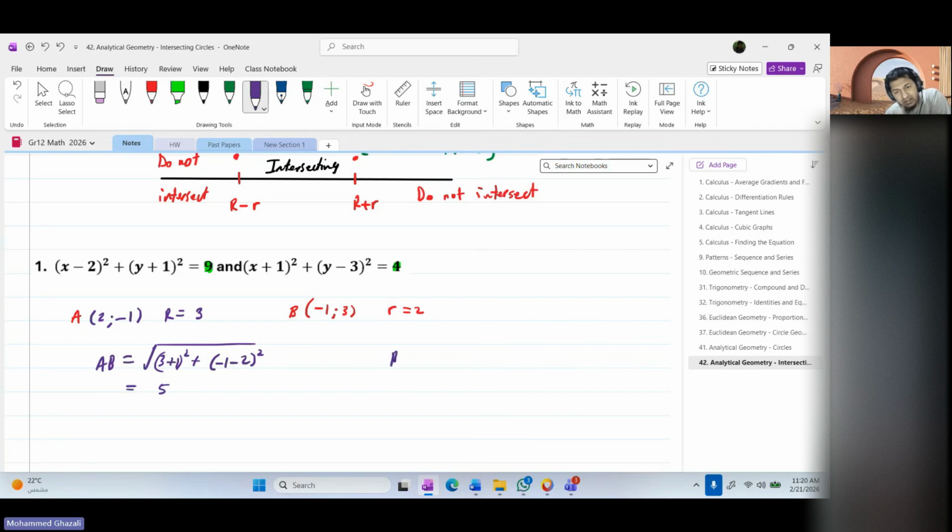And we want to find R plus r, which is 3 plus 2, which is also 5. So this implies AB is equal to R plus r. So both are equivalent. So circles touch externally.